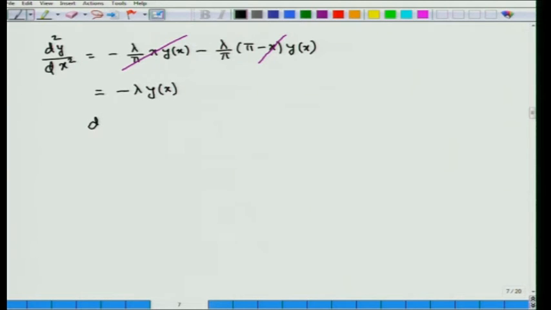So, finally, we have d2y/dx2 plus lambda y(x) equal to 0.